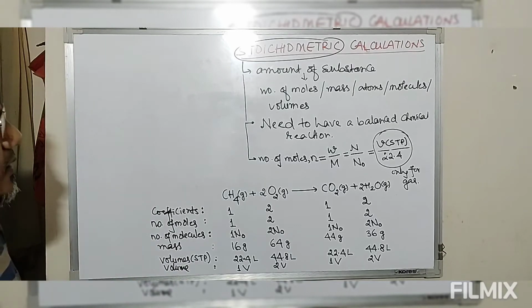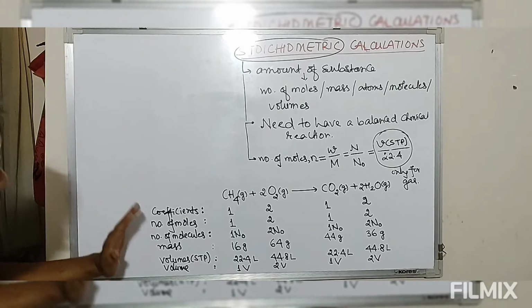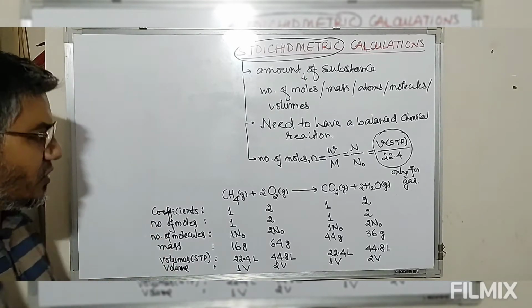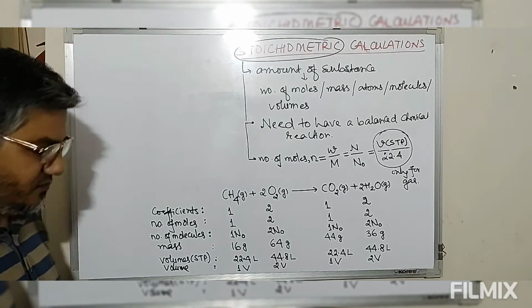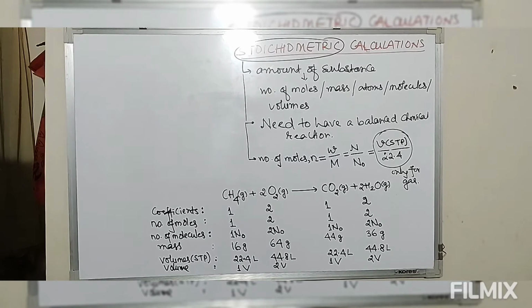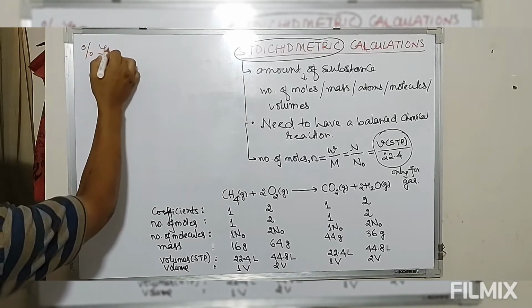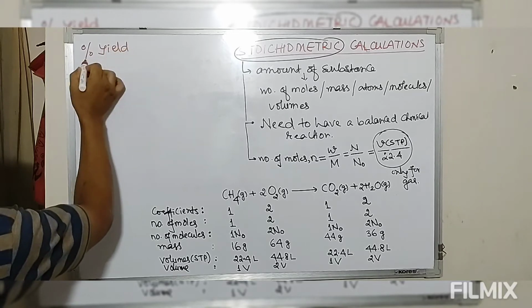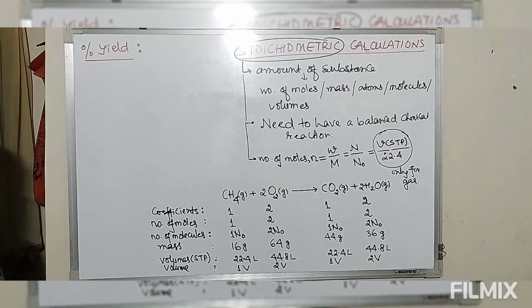So now look at it. This is stoichiometric calculation. In this stoichiometric calculation, we can also define the percentage yield. That means how much percentage of the product will be formed starting with some quantity of the reactant.